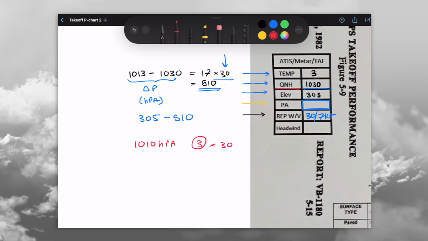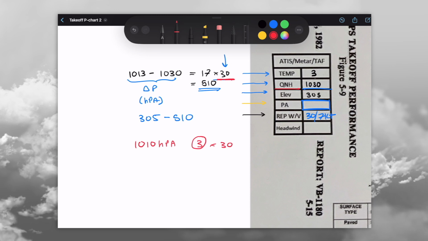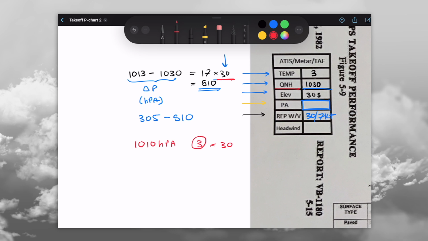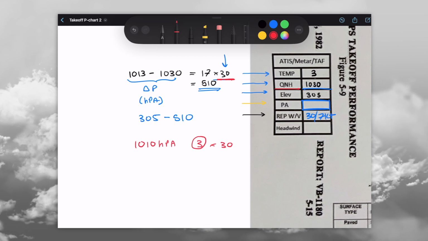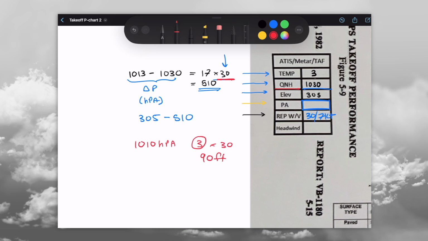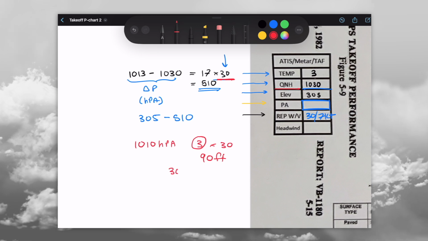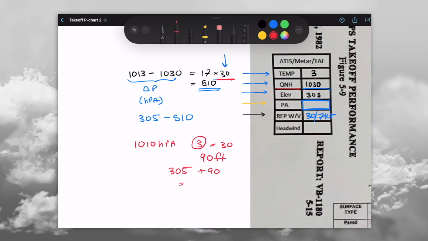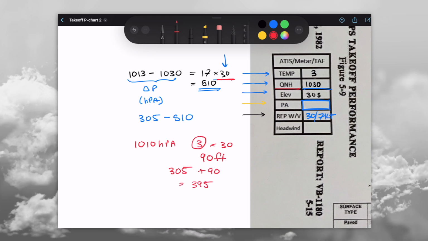We multiply that by our 30 foot per hectopascal pressure lapse rate, which gives us a 90 foot change to our aerodrome altitude. So we add that to 305, and that will give us 395.